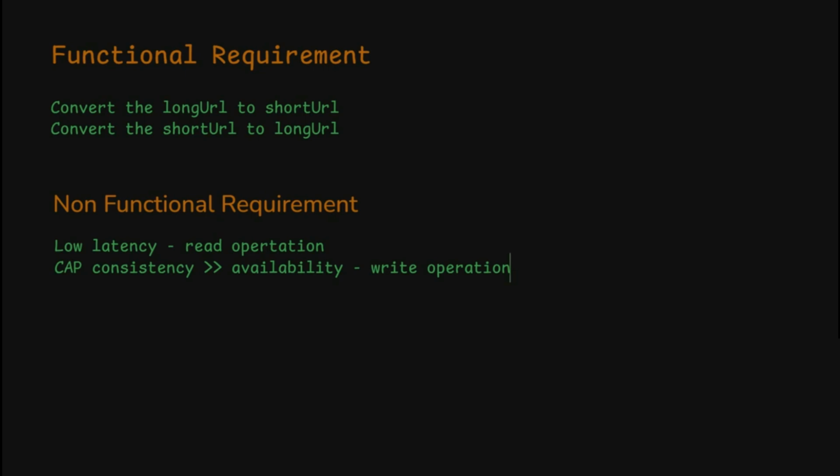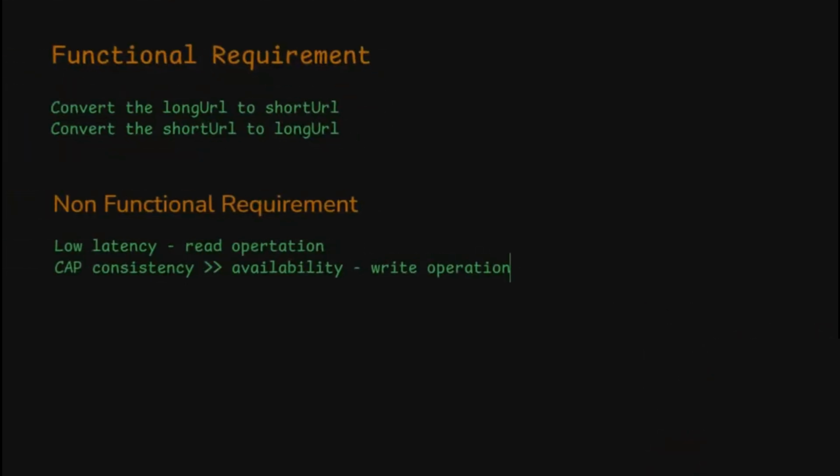The user would think the short URL and long URL are configured, and will go ahead and share them with their customers, but there are chances that this configuration was not saved into the system. At a later point in time, the mapping between short URL and long URL does not exist, and the user will not be able to be redirected to the original URL from the short URL.